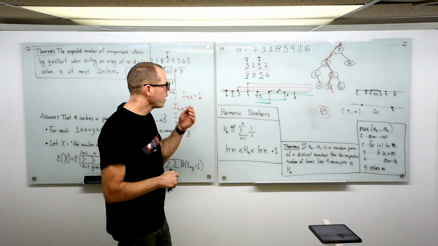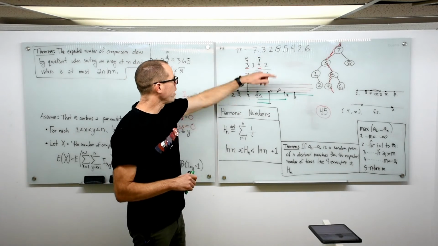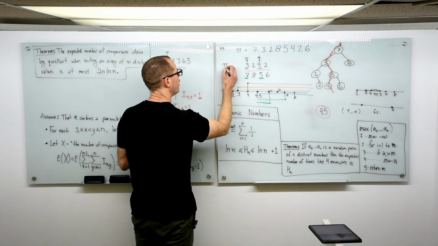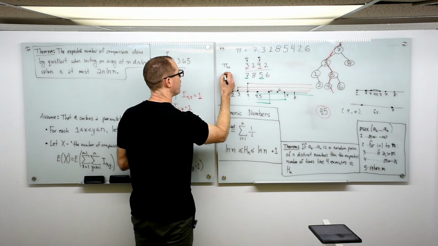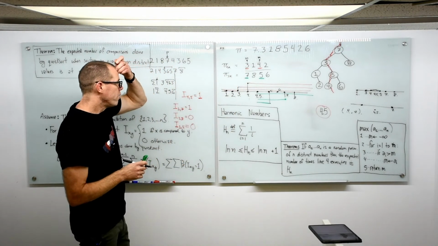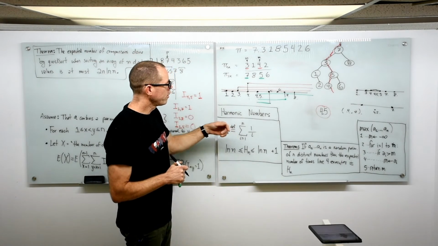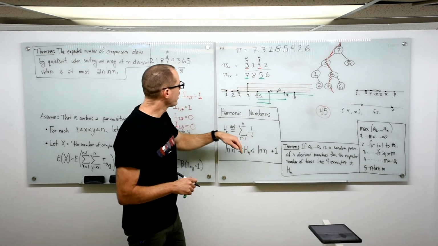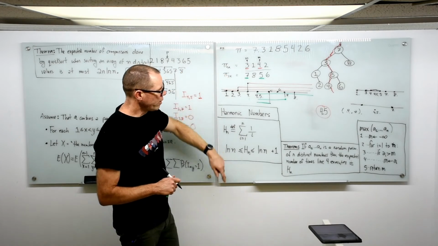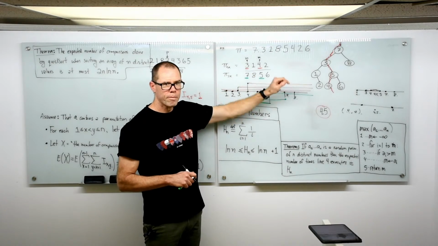So the point then is, if I do this splitting, we call this pi less than x, and we call this pi bigger than x, then the number of nodes on the path that I see that are less than x is exactly the same as the number of times this line would execute if I ran it on this permutation.